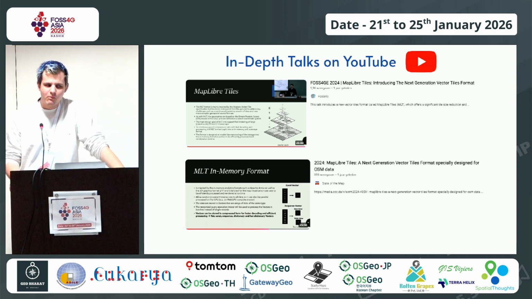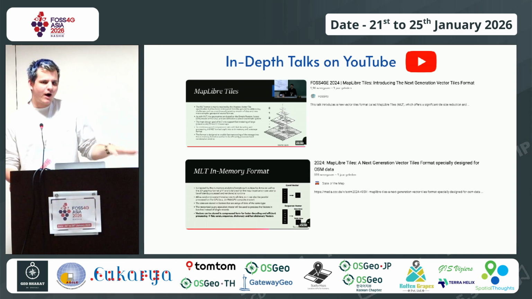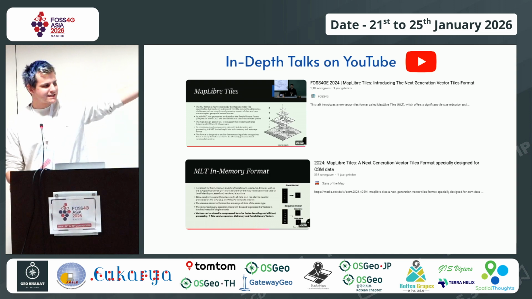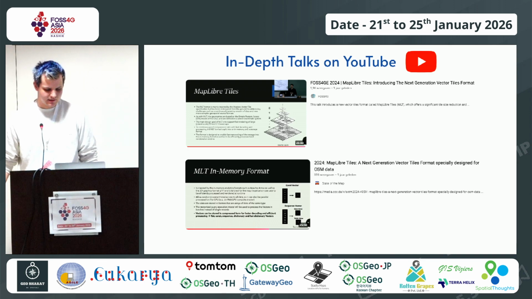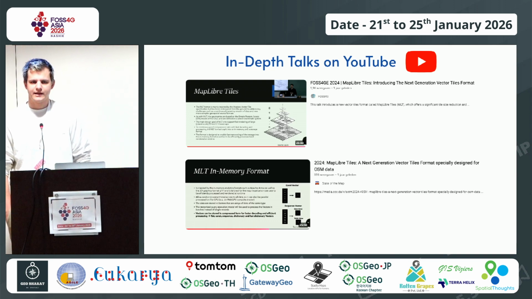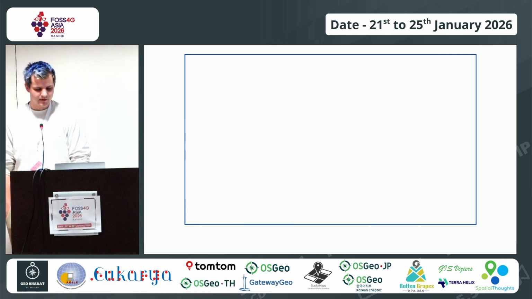If you want to know more in depth about the reasoning why we chose these encodings specifically, Marcus has a talk on that. He talked on that at the last State of the Map and at the FOSS4G conference in Europe a year ago. We have slightly shifted a few things around, but it's mostly still the same.